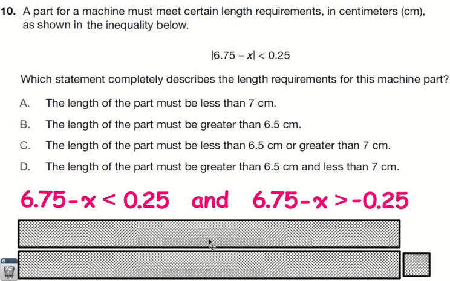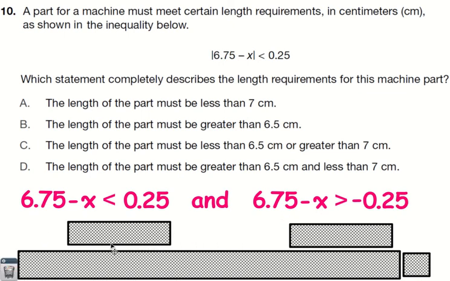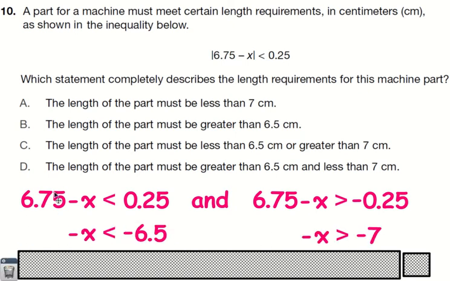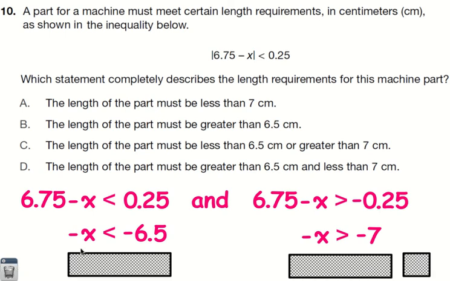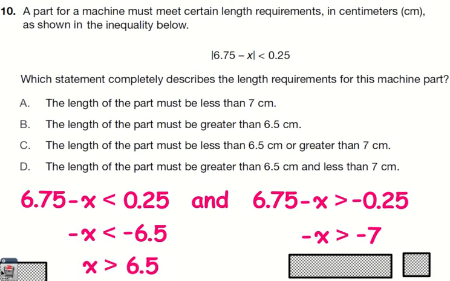And now what you normally do is solve each one separately. Looks like I subtracted 6.75 from both sides. In both cases, subtract 6.75 from both sides. And then what do you do from here? Wouldn't you maybe divide both sides by negative 1? Dividing both sides by negative 1, notice the flip of the sign, because whenever you divide both sides of an inequality by a negative number, you flip the symbol.